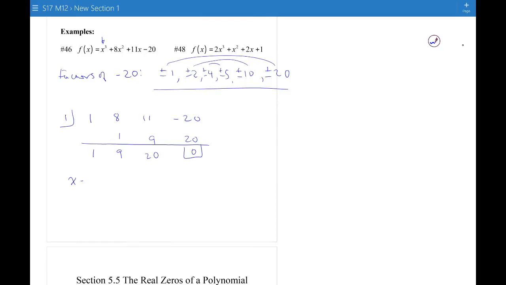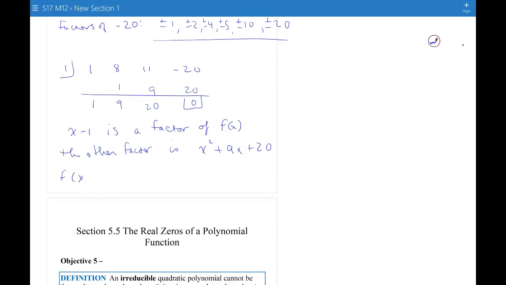So now what I know is x minus 1 is a factor of f of x, and the other factor is x squared plus 9x plus 20, and then you should at least check and see if that factors more, and it looks like it does. So f of x equals x minus 1 times x squared plus 9x plus 20, but that factors more to x plus 5, x plus 4.